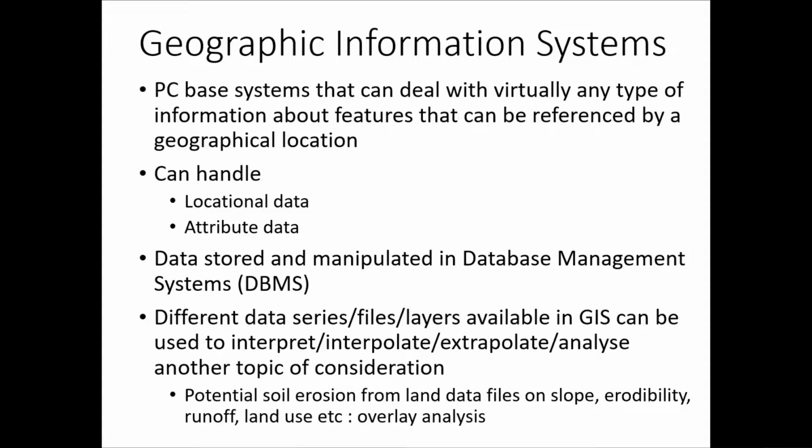So the locational data of our campus, we know the geographic coordinates of our campus, right? That is locational data. We know that this is a building, we know that this is a university, this university has a built up area of so and so, so many students are studying here, so many courses are offered. All these data are associated with the feature that is at a particular location, right?